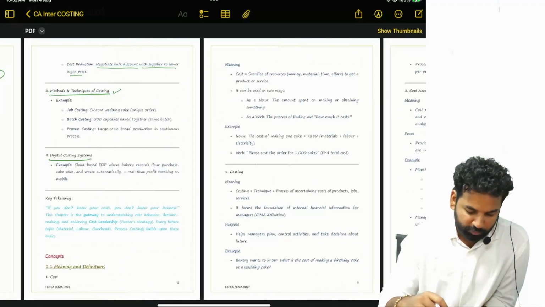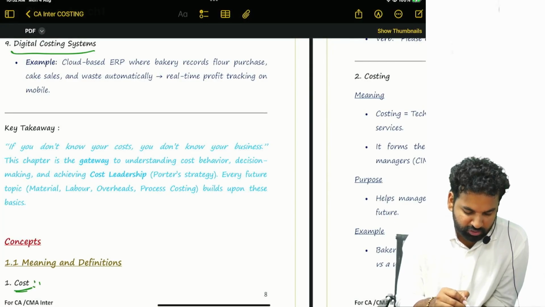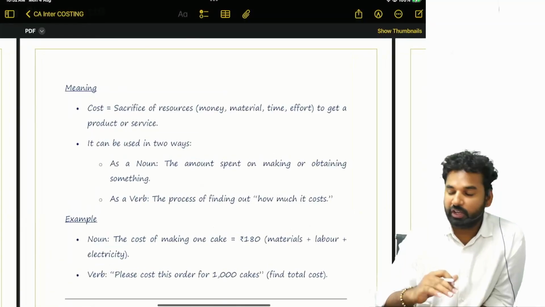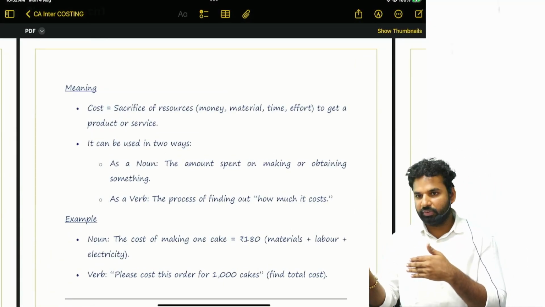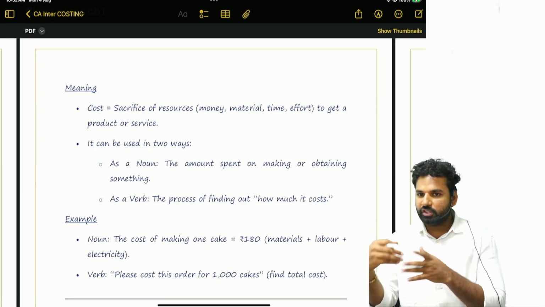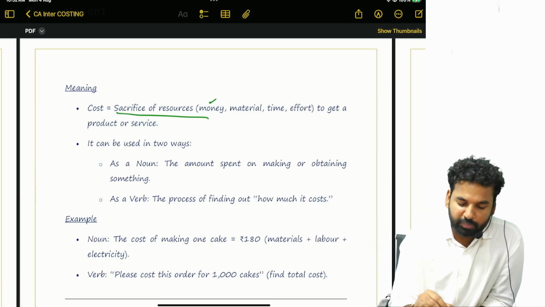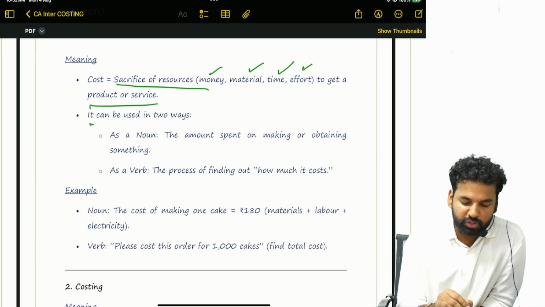In that we will see important points. Meaning and definition of cost. What is the meaning of cost as per our discussion? It is the resources which we give up for getting a product or a service. It's called cost. Sacrifice of resources. It may be money, material, time, or effort to get a product or service. It can be used in two ways, as a noun and as a verb.